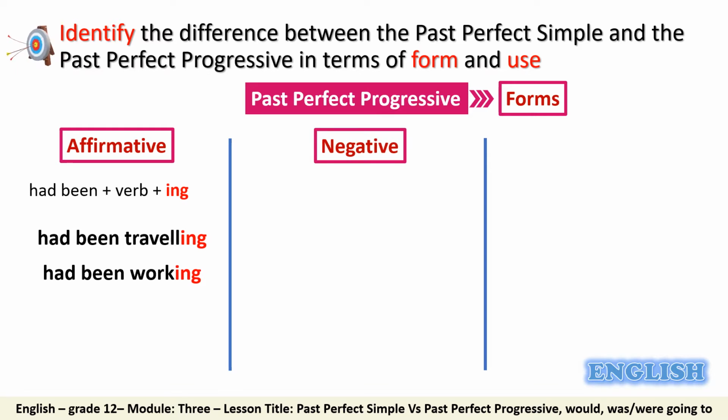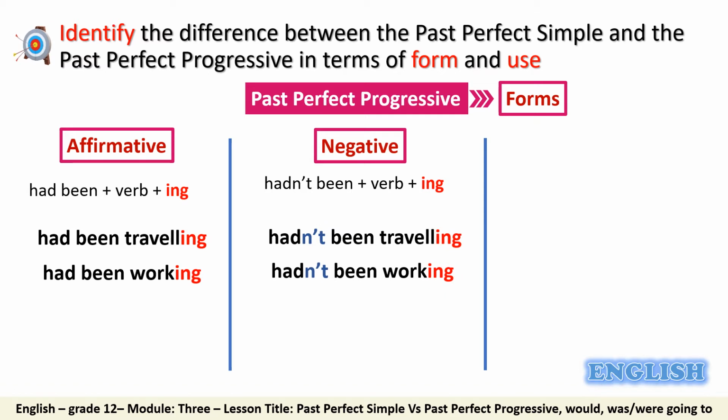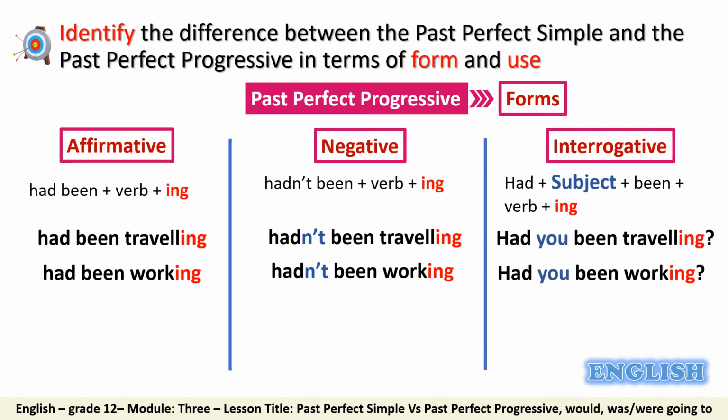As for the negative form, we make it by using hadn't been plus verb plus ing. For example, hadn't been traveling and hadn't been working. Finally, the interrogative form is formed by using had plus subject plus been plus verb plus ing, like had you been traveling and had you been working.